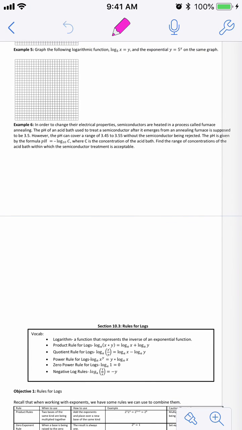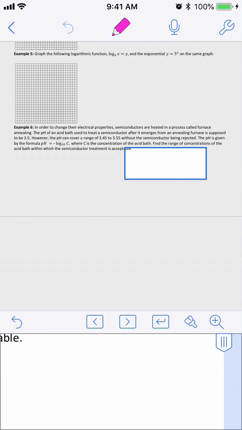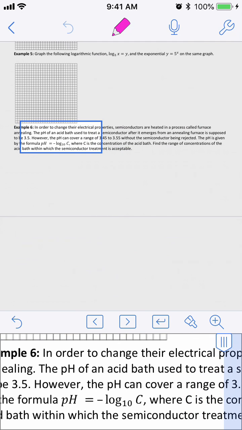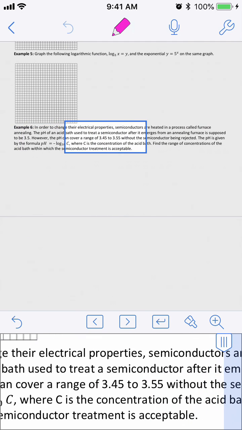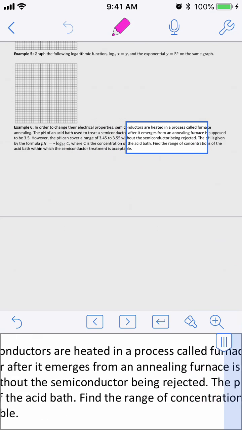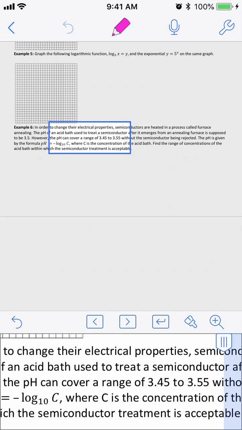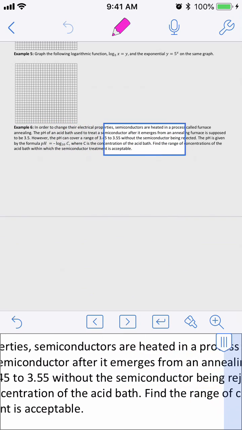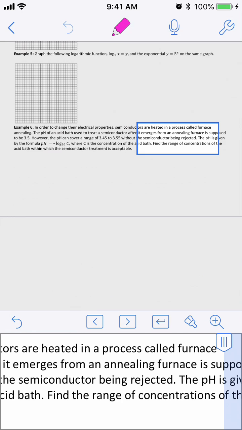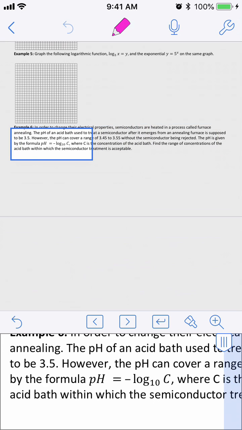We're going to do one from the real world, and then we'll call it a day. Okay. So, in order to change the electrical properties, semiconductors are heated in a process called furnace annealing. Annealing? Sure. Some engineers have to tell me how to pronounce that. The pH of an acid bath used to treat a semiconductor after it emerges from the furnace is supposed to be 3.5.